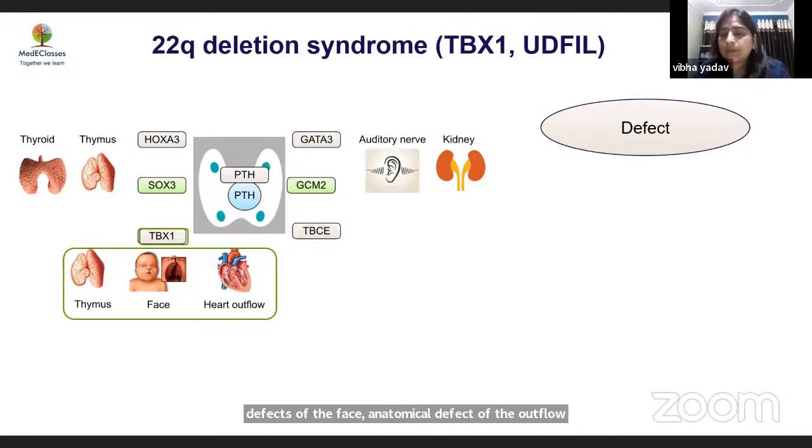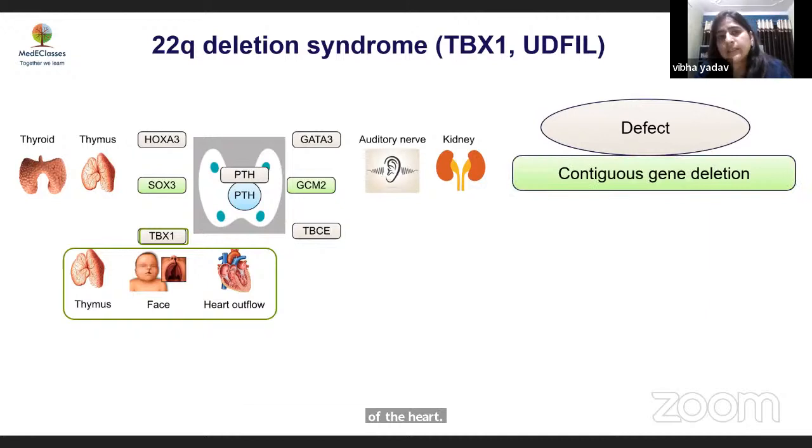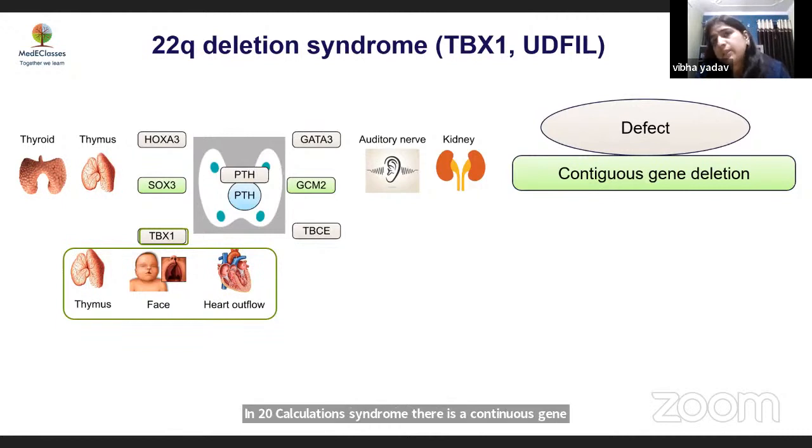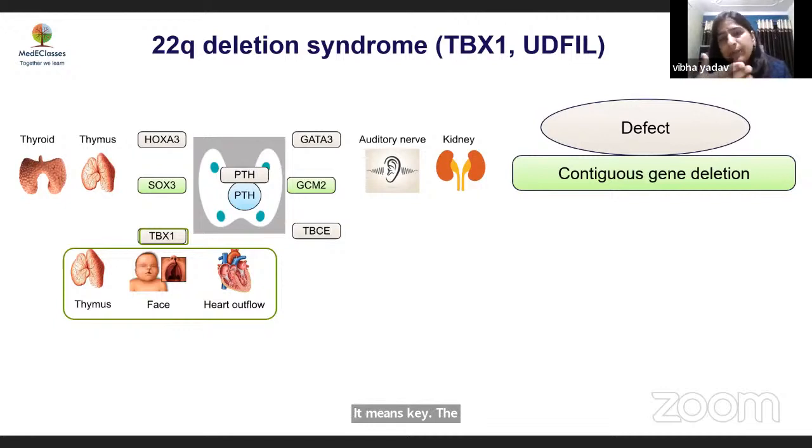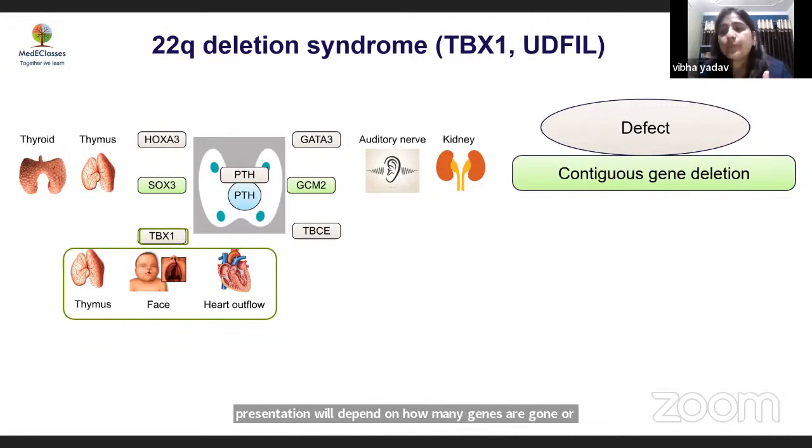In 22 deletion syndrome, there is a contiguous gene deletion. And what does it mean? It means that the presentation will be variable, depending on how many genes are deleted.